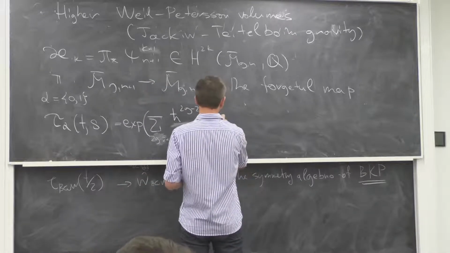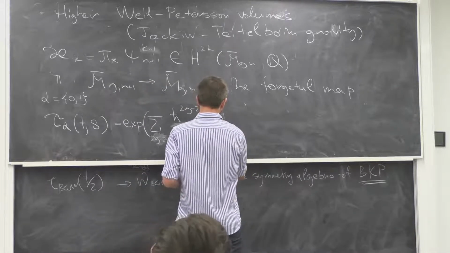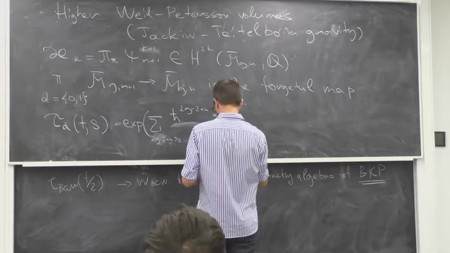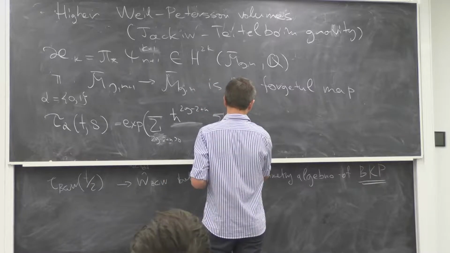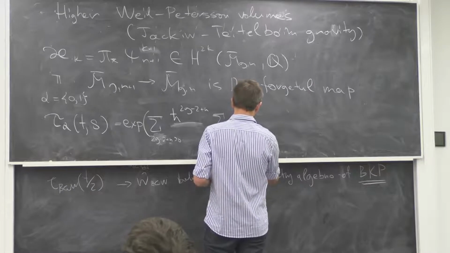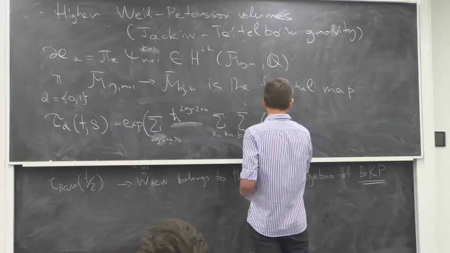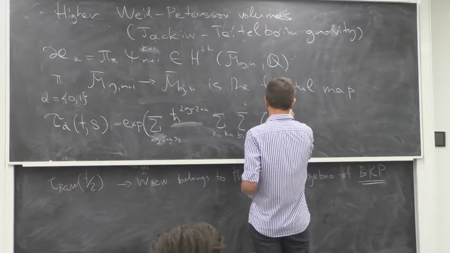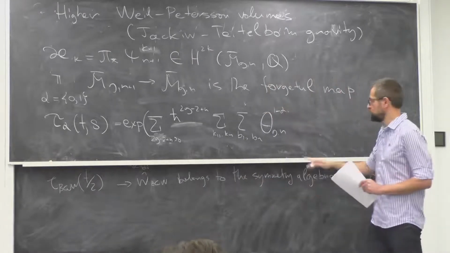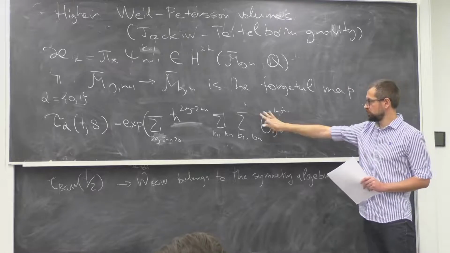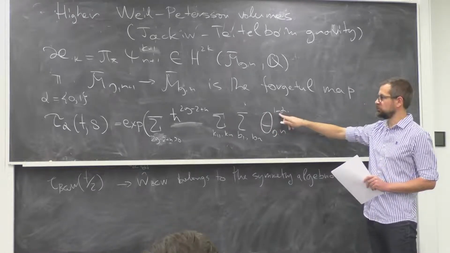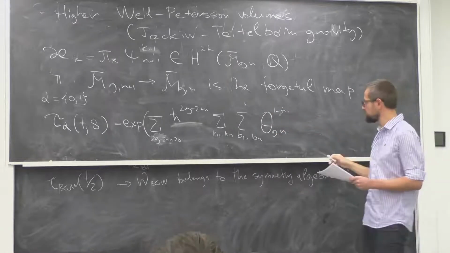We take the sum over g, m, and over b1 to bm, with theta class to the power 1 minus alpha. So for alpha equal to 1, we have no theta class, and for alpha equal to 0, we have this theta class.